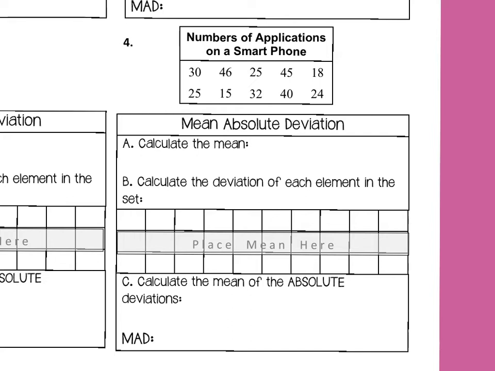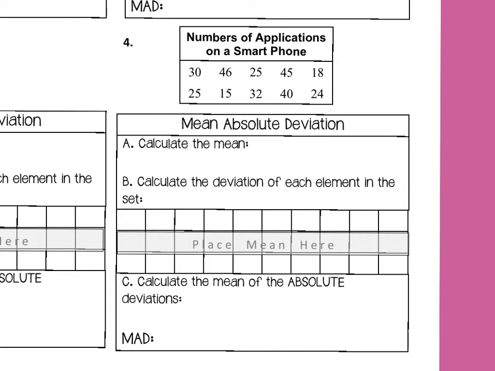So let's find the mean. 30 plus 46 plus 25 plus 45 plus 18 plus 25. All right, I got interrupted there for a minute. So we're at 18 plus 25 plus 15 plus 32 plus 40 plus 24.